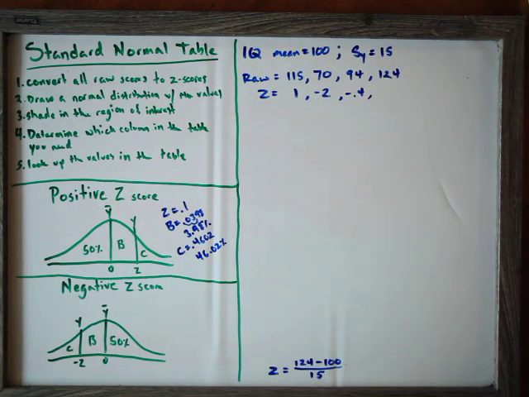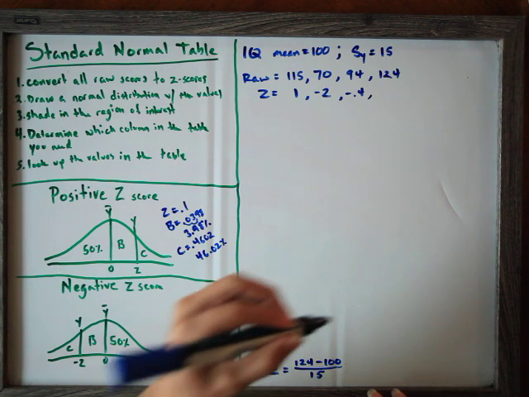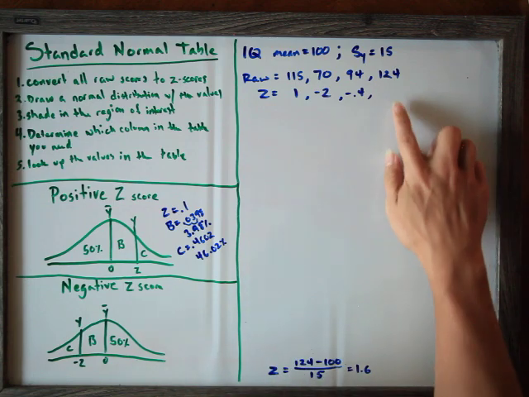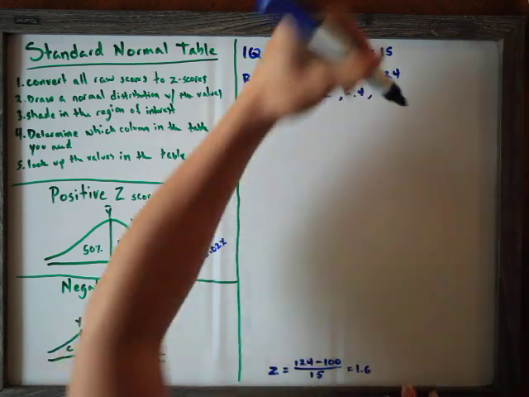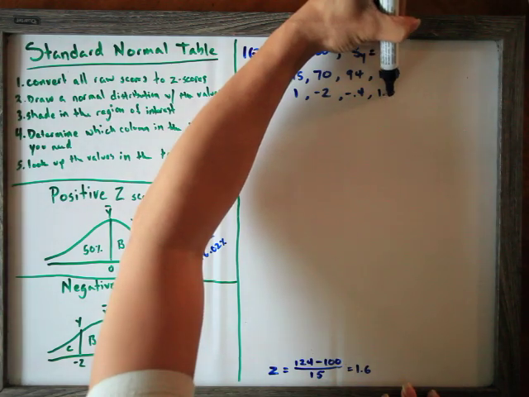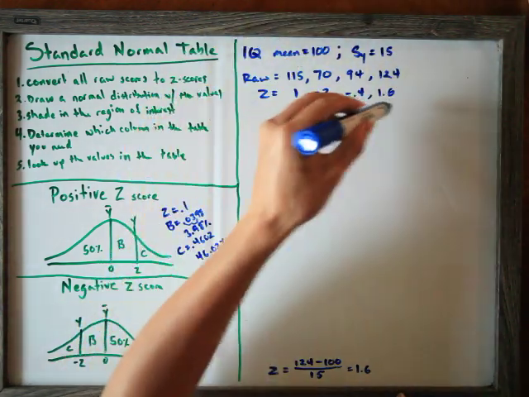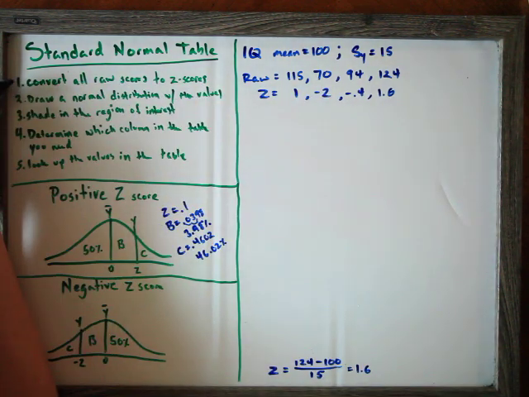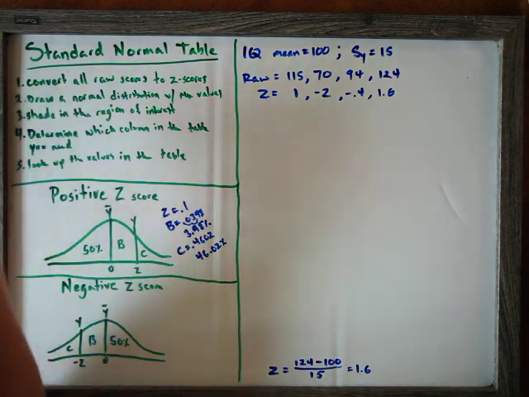Okay, so 124 minus 100 is going to give us, of course, 24. And 24 divided by 15 is 1.6. So that means that our z-score for our IQ of 124 is 1.6. So we have converted all of our raw scores into z-scores. That's step 1.